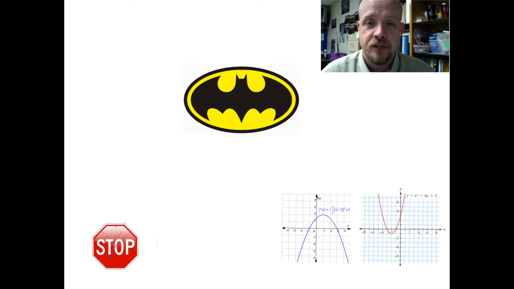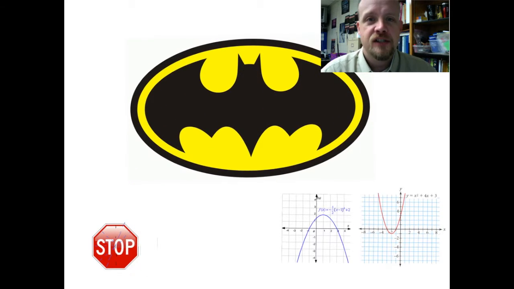More common, especially when dealing with graphs, is something more like this Batman logo, which has a single true axis of symmetry right down the center, that vertical line. That means you can fold the right half onto the left and every part of the image matches up perfectly. You'll notice it does not have a horizontal axis of symmetry, because when you fold the bottom onto the top, it doesn't match up in every place.